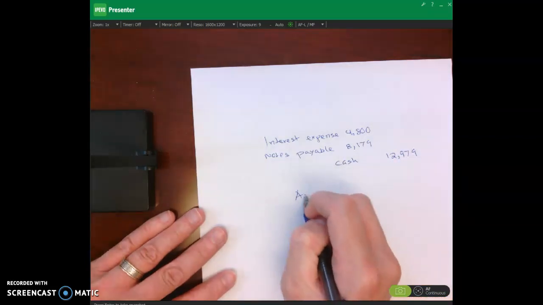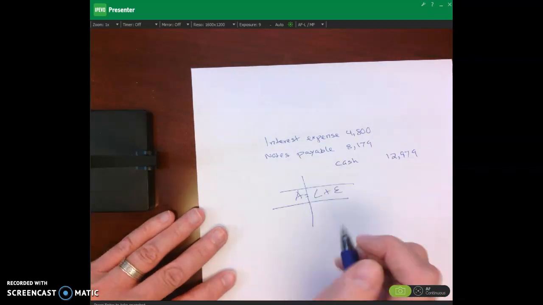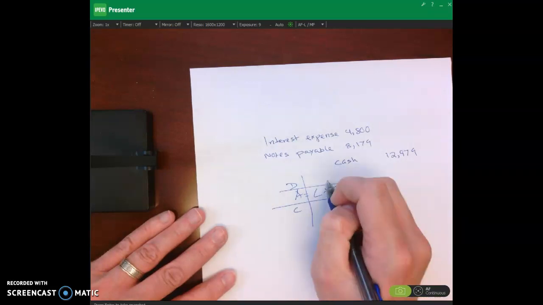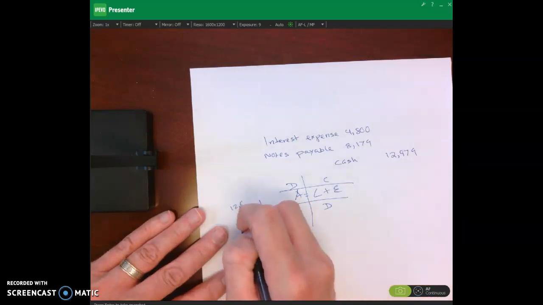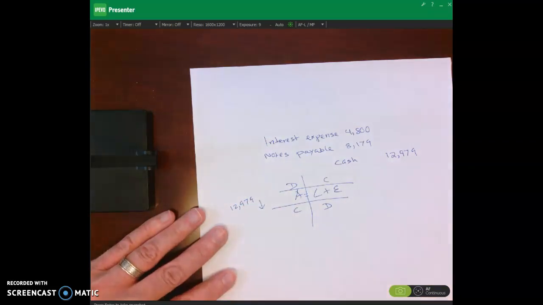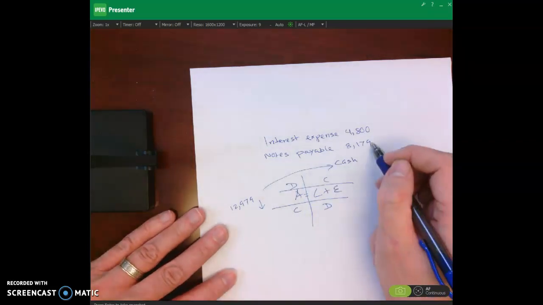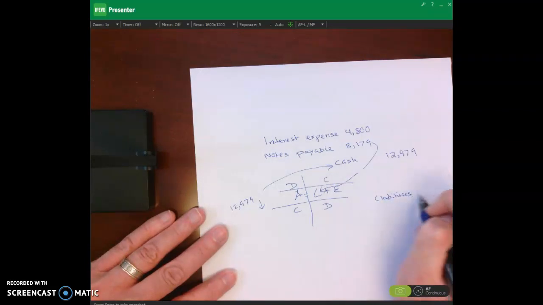How does this keep the accounting equation in balance? Well, assets are going down. Remember, debit, credit, credit, debit. Assets are going down by $12,979 because of the cash. Notes payable is a liability, so liabilities decrease by $8,179.